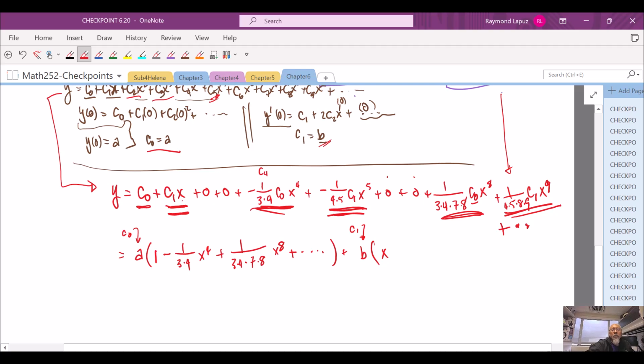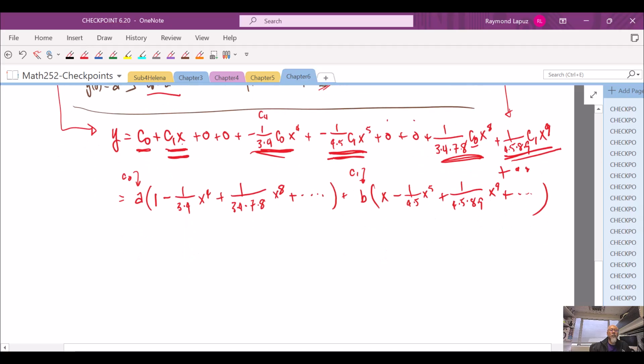I'm going to get a minus 1 over 4 times 5 x to the 5th for my x to the 5th term. And then I will get a positive 1 over 4 times 5 times 8 times 9, and then multiply that by x to the 9th. Okay, so those are my 2 functions here.